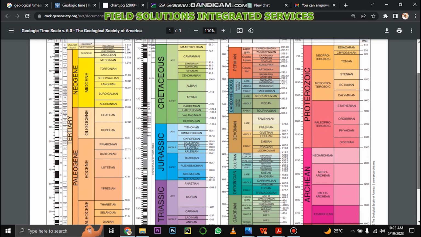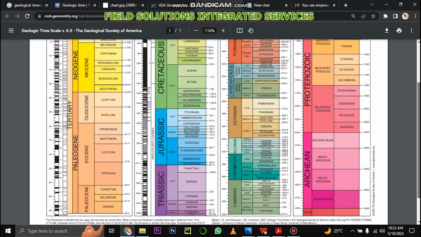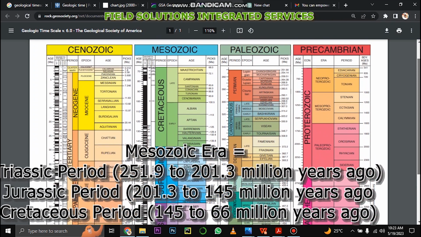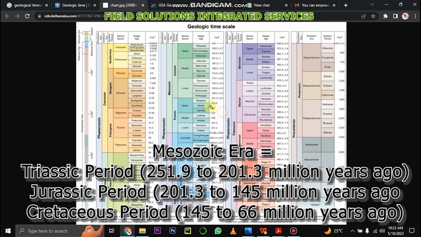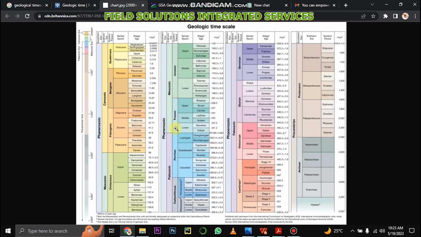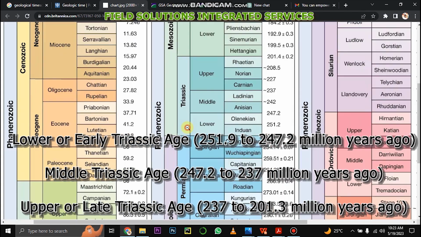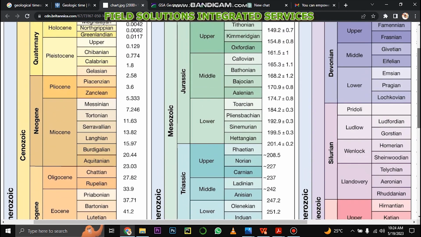The Mesozoic era is divided into three periods: Triassic, Jurassic and Cretaceous. Also, looking at the US geologic timescale, we can see the Mesozoic era having the Triassic, Jurassic and Cretaceous. For the Triassic, they have the Lower Triassic, Middle Triassic and Upper Triassic.